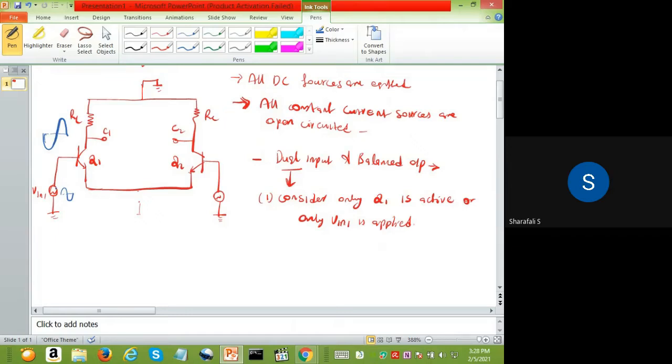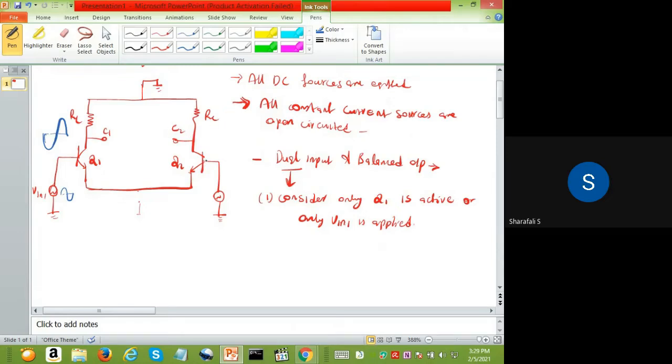The signal that we are applying here will come through this emitter and reach the other emitter, so this configuration becomes a common base amplifier. This base is common to both input and output. So the input is now through this emitter, okay? And the output is taken from this collector.